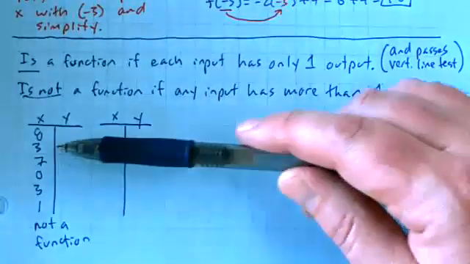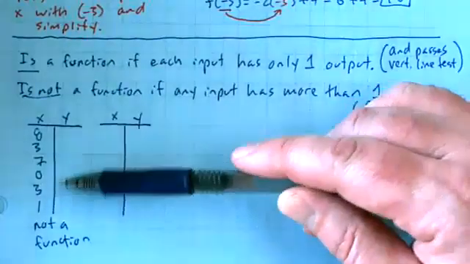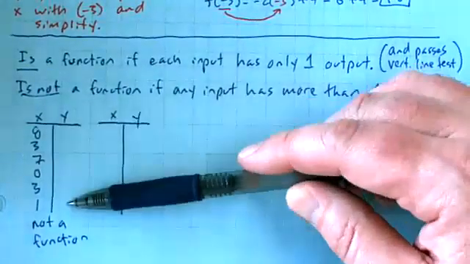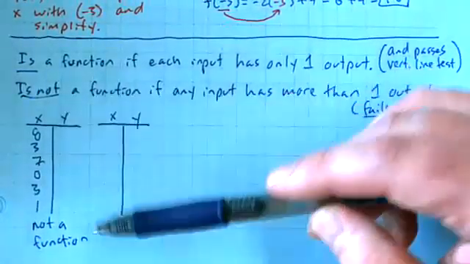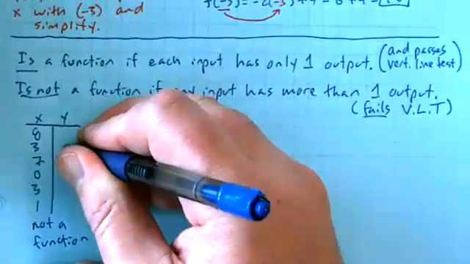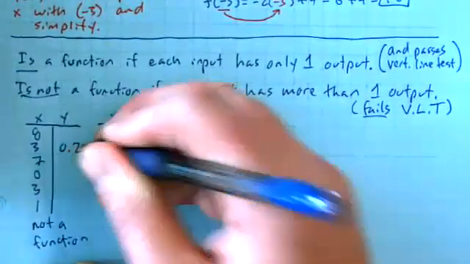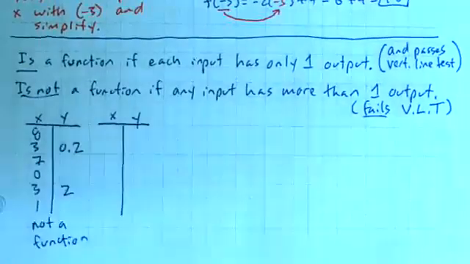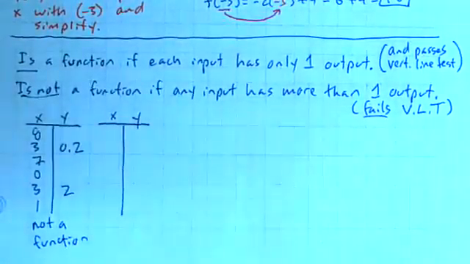So the 3s, what's got to be special about my Y values for the 3s? They have to be different, right? The same input has got to give us different outputs. If it's not going to be a function, we got to have different. So give me 2 numbers for my 3s. 0.2, I like that. 0.2 and 2. All right. Those are different. And then the rest of them can be whatever we want.